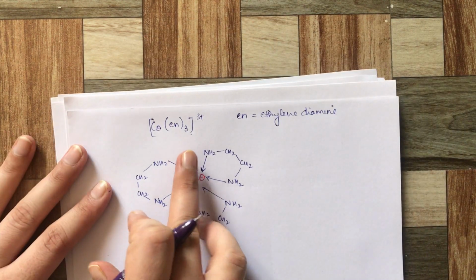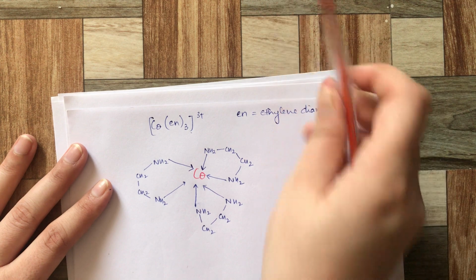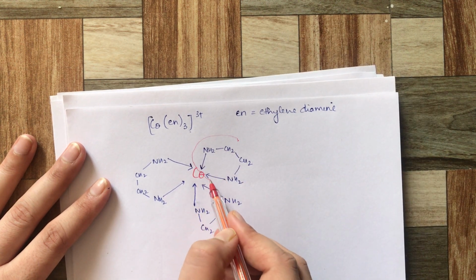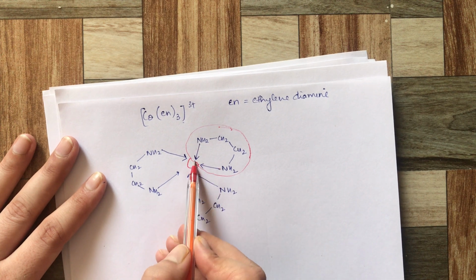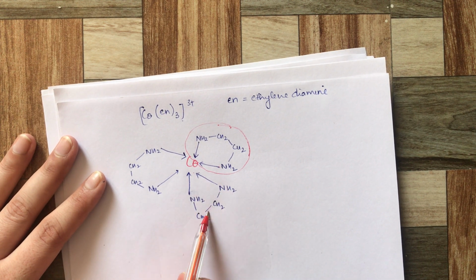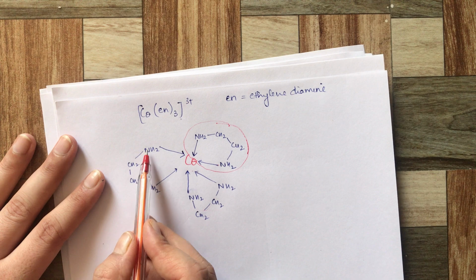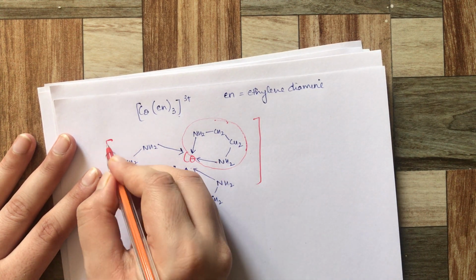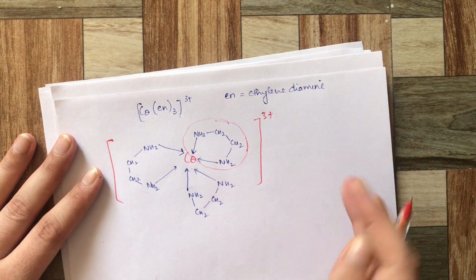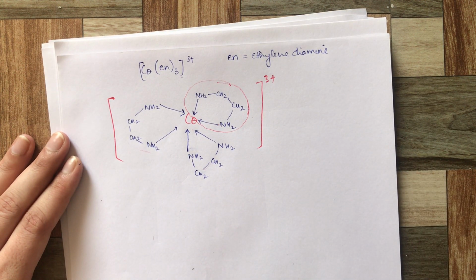This is one molecule of ethylene diamine. Through the one molecule they are forming two coordinate bonds. And this whole coordination sphere bears a positive charge.